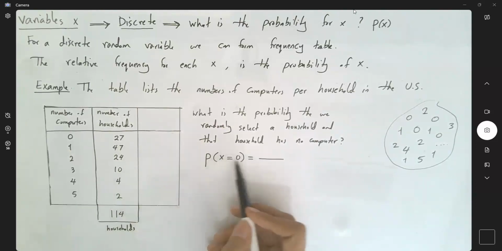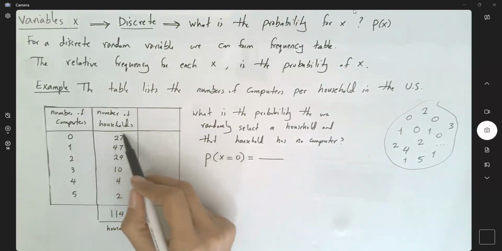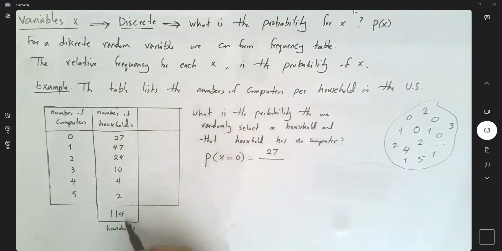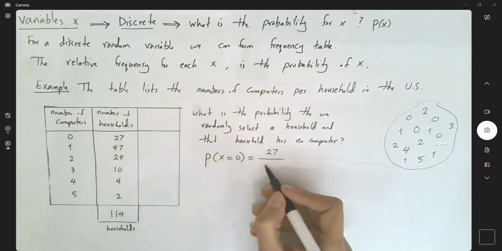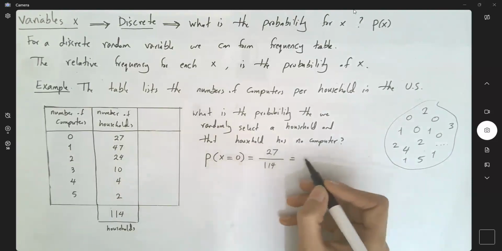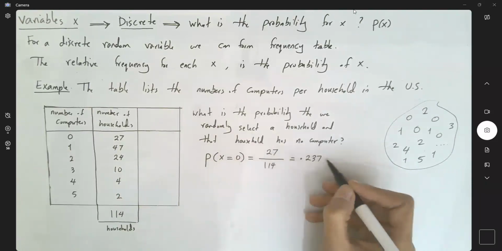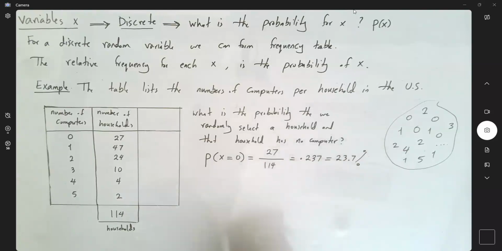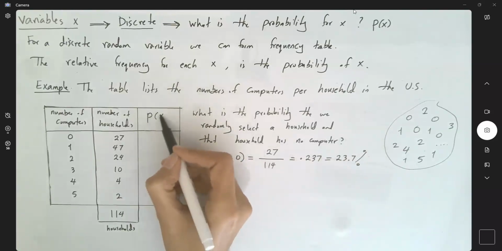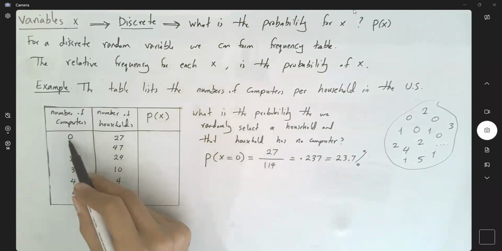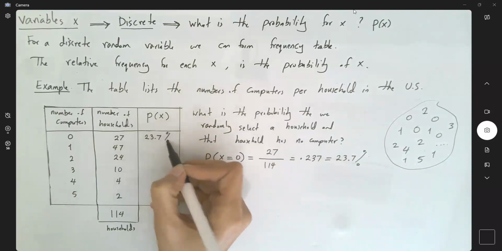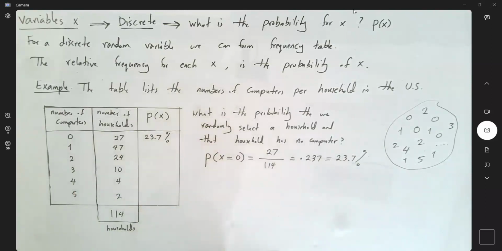The probability that X is 0 is the frequency, which is 27, divided by the total number of people or responses or outcomes, which is 114. This is 0.237 or 23.7%. So P of X, the probability of X being 0, is 23.7%. And we continue this process.